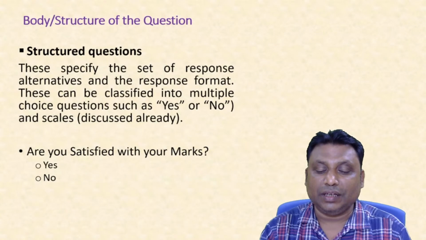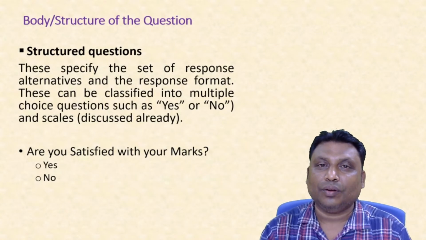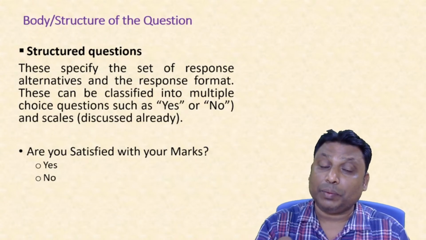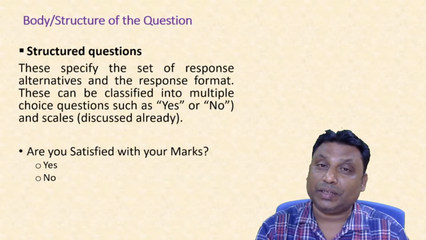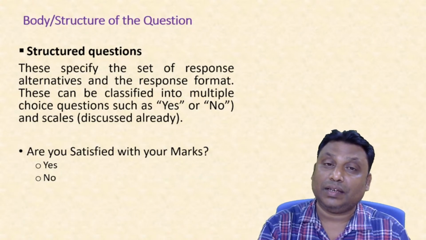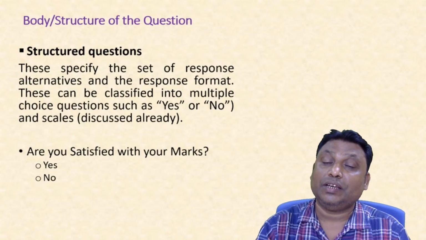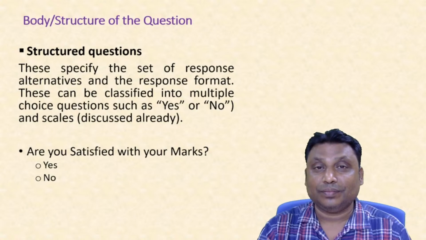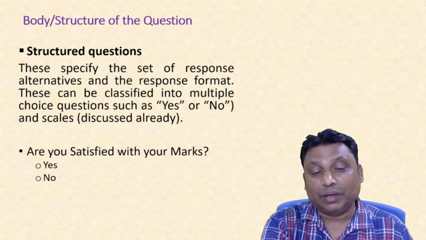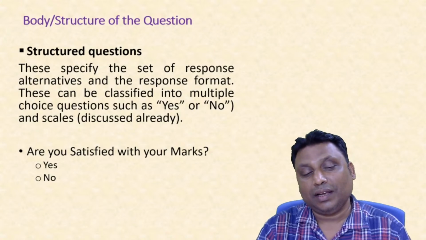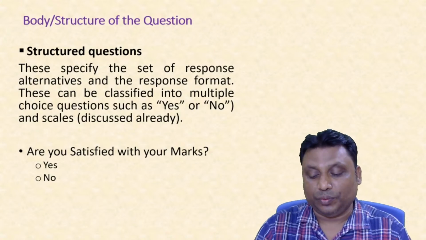In the place of yes, you put 1, and in the place of no, you put 2. You should put 1 and 2 in your Excel sheet, because when you go for analysis of data after collecting all the information, it should be in numerical form. So if the question is answered yes or no, in the place of yes you put one, and in the place of no you put two.